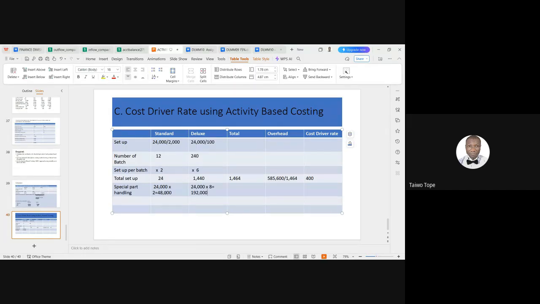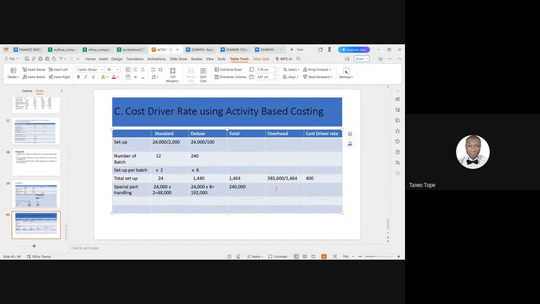So the total number of special parts will now be what? Total 240,000. So based on the overhead breakdown, how much is allocated to special part handling? 480,000.